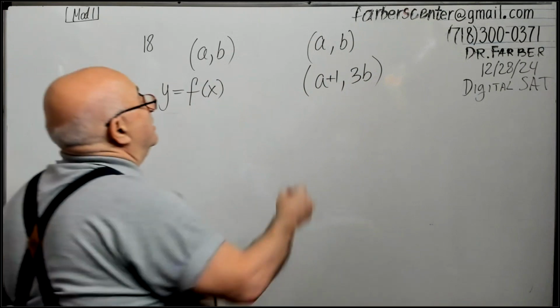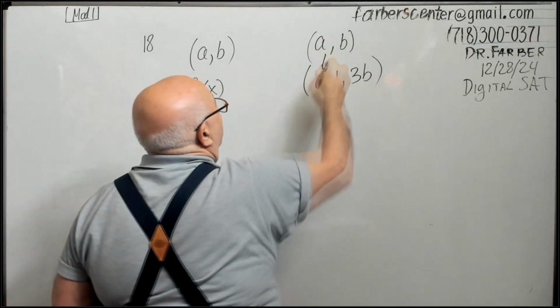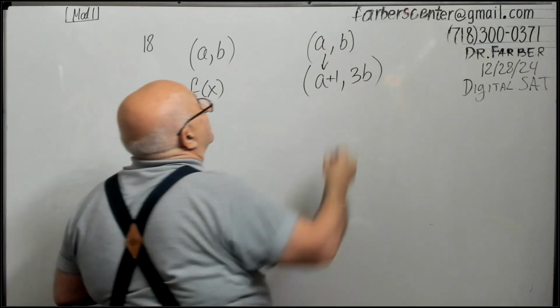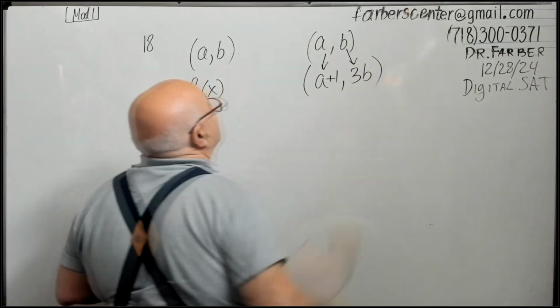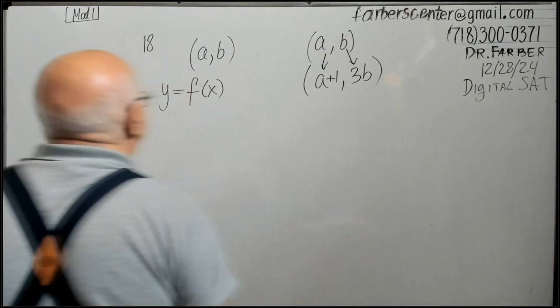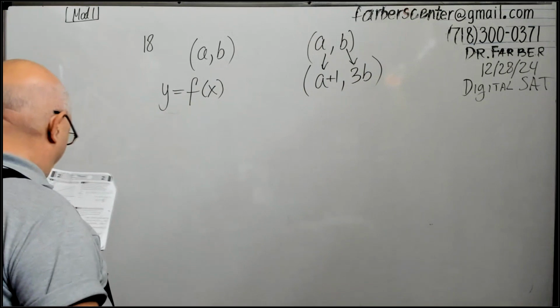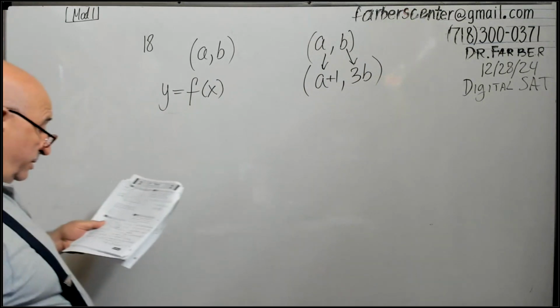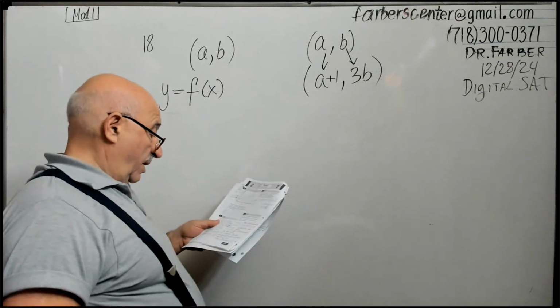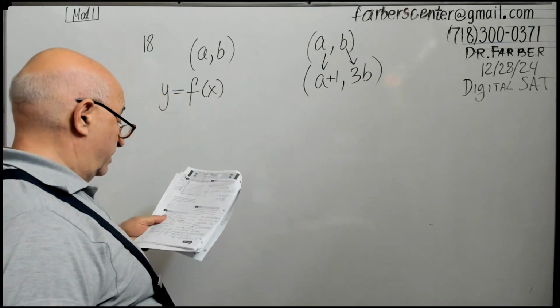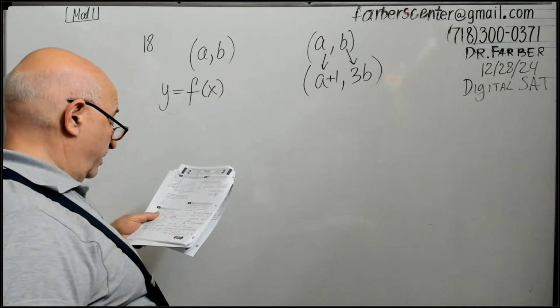So what can I assume? When a increases by 1, b increases 3 times. Right? Look at this. And in this particular case, look at the multiple choice. 3 times. Which function increases 3 times?